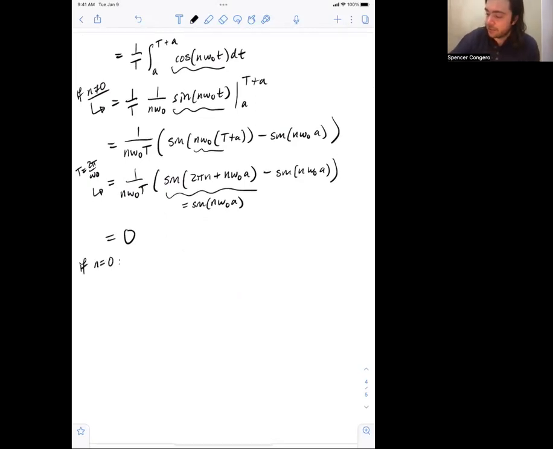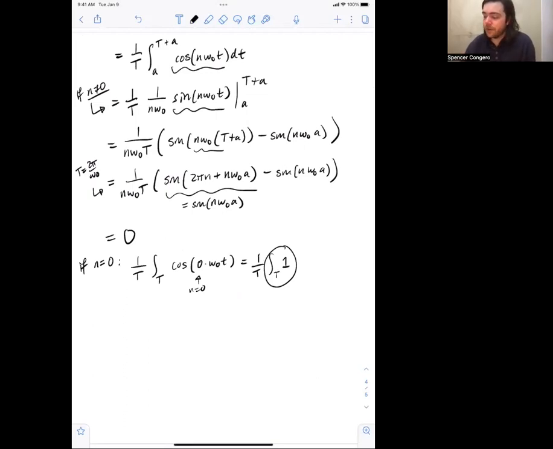All right, so what about going back? What if n actually equals 0? Let's consider that case. Okay, so we'd have cosine of 0 times omega naught times t. This is when n equals 0. But that's just cosine of 0, which is 1. What happens when I integrate the constant 1 over a period? I'm just going to get the length of that period, which is T. So we're going to get 1 over T times T, which is just 1.